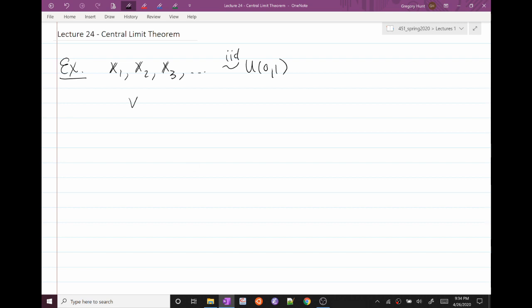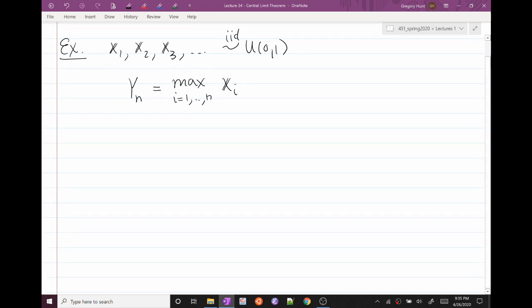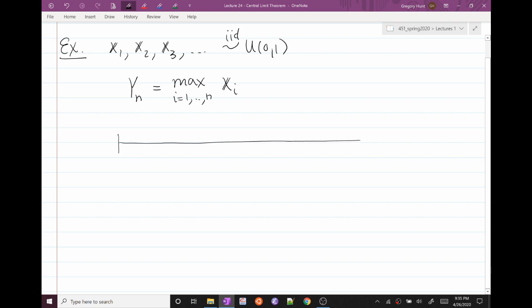And we're going to define from these Y sub n to be the maximum of the first n of them, the maximum of these X sub i, i goes 1 to n. So Y1 is just X1, Y2 is the maximum of X1 and X2, Y3 is the maximum of X1, X2, and X3, and so forth.